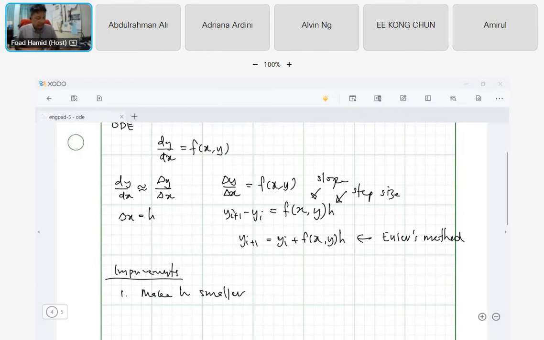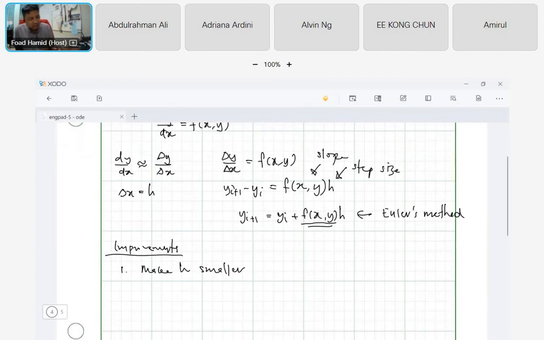That's one. And the other way, the only other variable here, is the slope. We say improve slope estimation. Okay, so that's the first step. No, that's the second step.